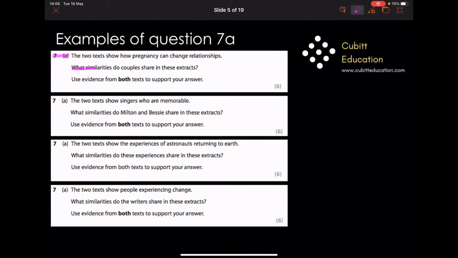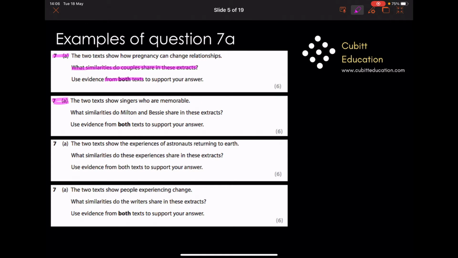What similarities do couples share in these extracts? Use evidence from both texts to support your answer. So for the first example, it's asking you to talk about similarities that couples share when discussing pregnancy and how it changes relationships. Okay, so looking at similarities.